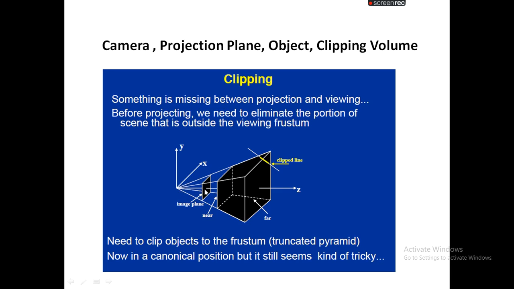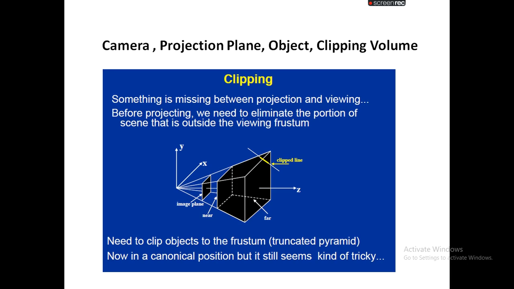So I said in front of the projection plane I am supposed to place the object, and that object position should be within the clipping volume. So here we need 6 two-dimensional clipping planes, because I want to check whether the width of the object lies inside the clipping volume or not, the height of the object lies inside the clipping volume or not, or the depth of the object lies inside the clipping volume or not.